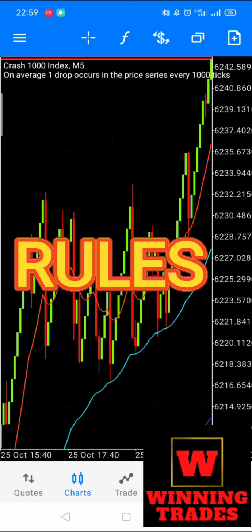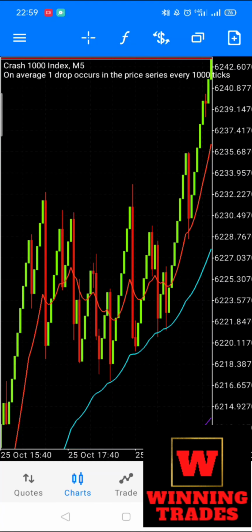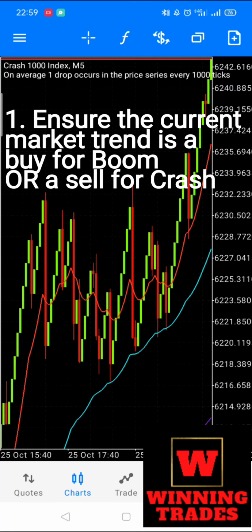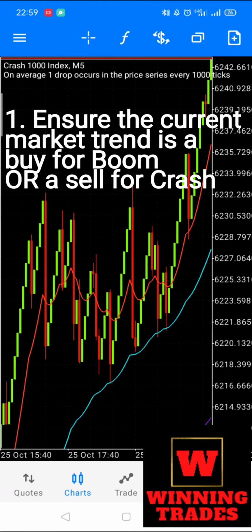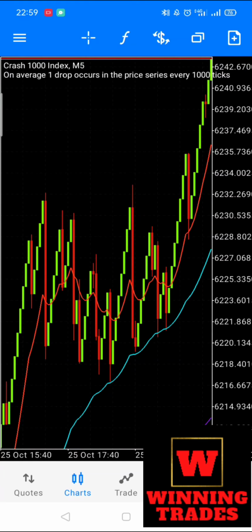All right, so now the rules are: 1, ensure that the current market trend is a buy for boom or a sell for crash. That is looking at the 5 minutes time frame. If you're buying, make sure that the current market trend on the 5 minutes is a buy, or even better, that the major market trend is a buy.